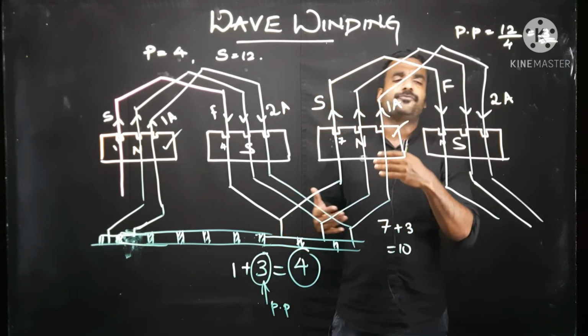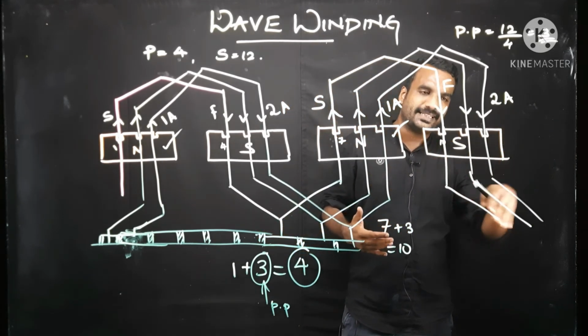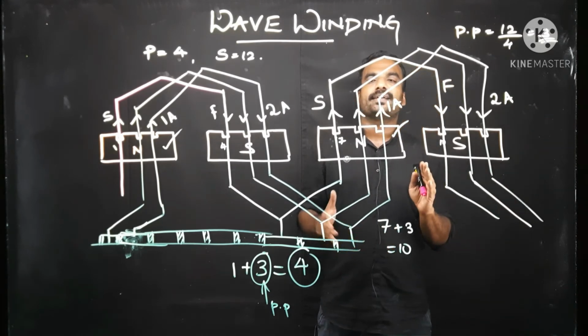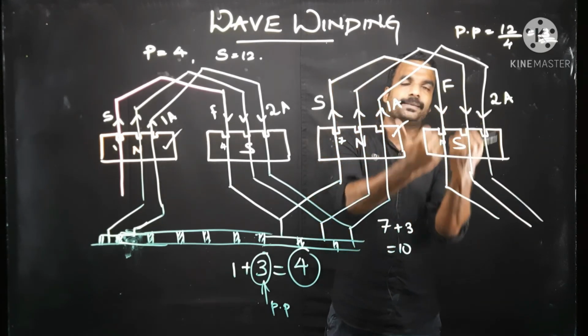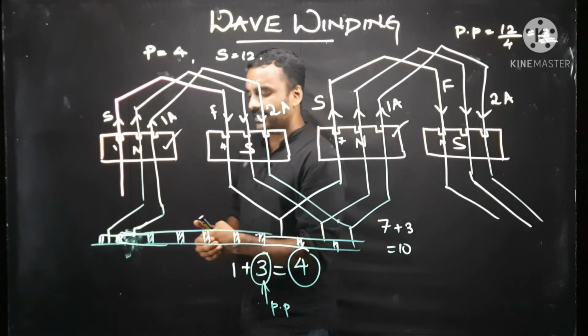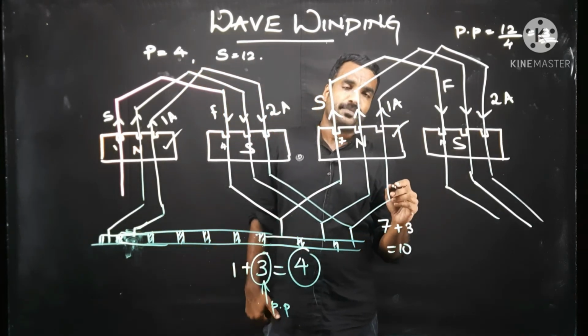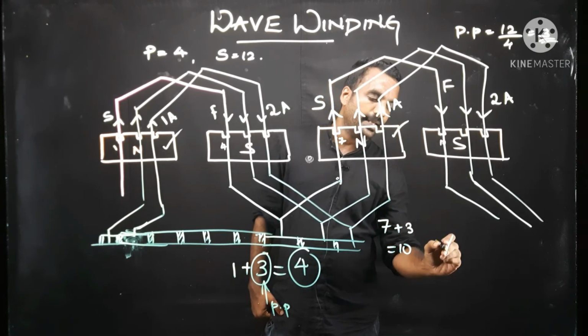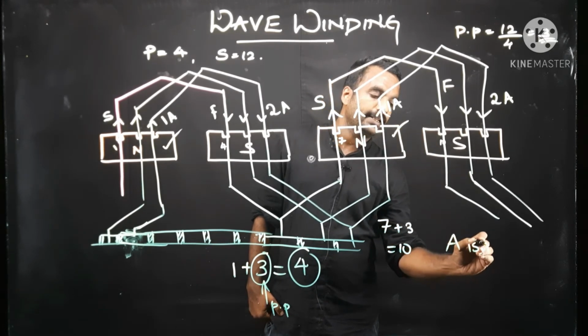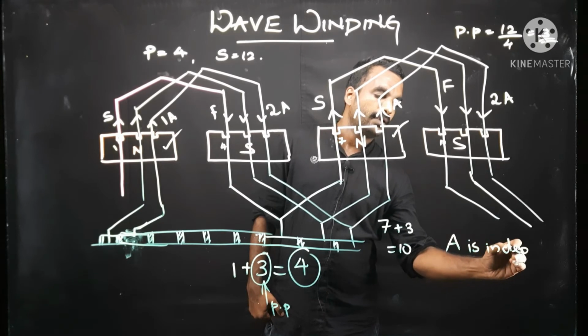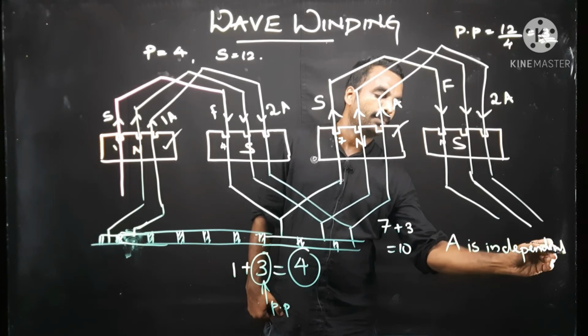If I have 4 more poles, the same thing will repeat. You will get the same up current and the same down current. In other words, the number of parallel paths A is independent of poles.